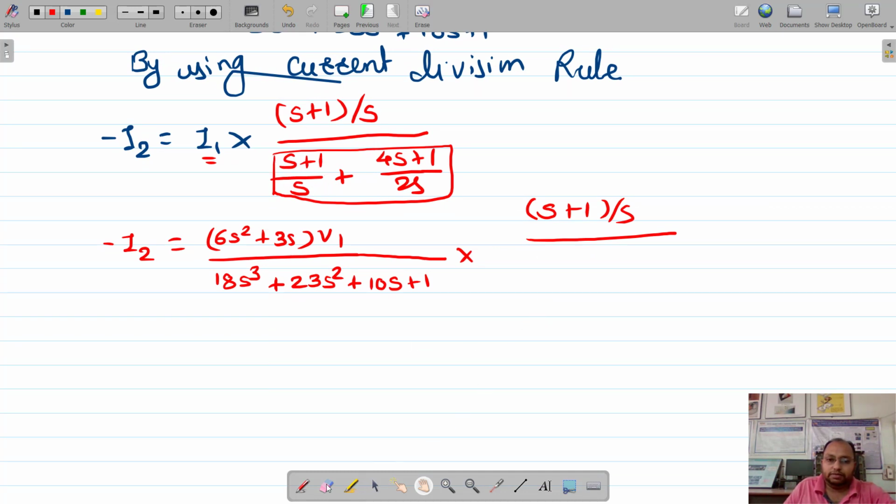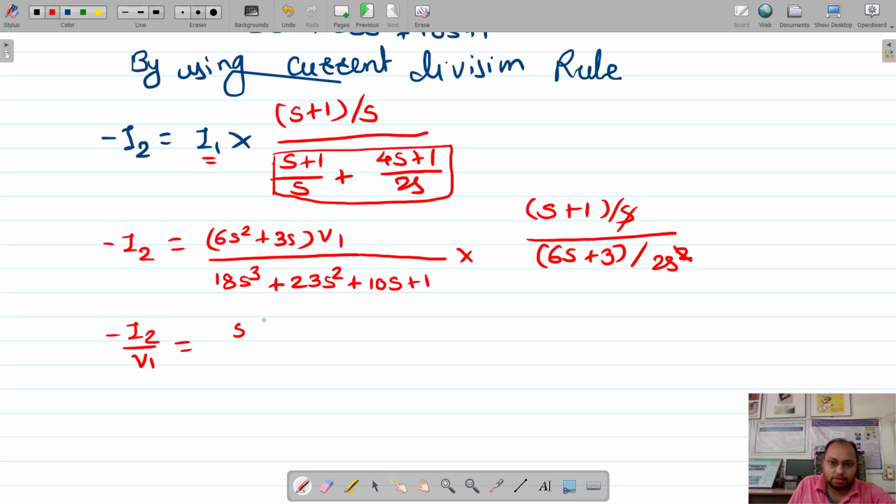Okay, so over here, yes, 6s plus 3, and this will be divided by 2s square. This s and this s square is going to get cancelled out, right? Okay, and then I'm going to transfer, let us say, V1 to the left hand side.